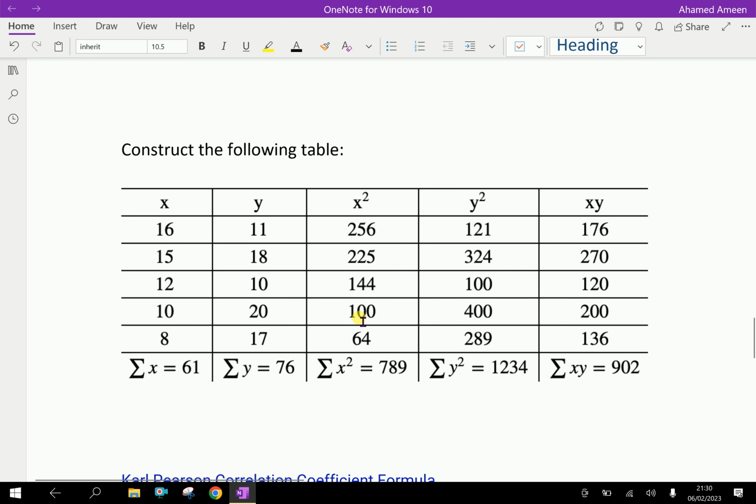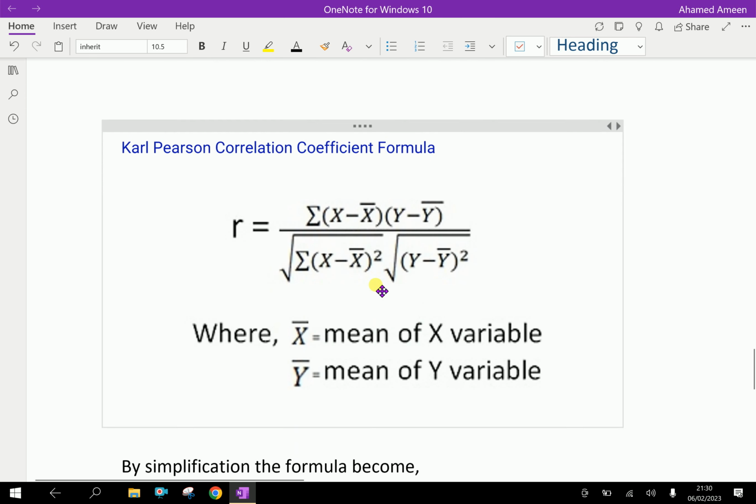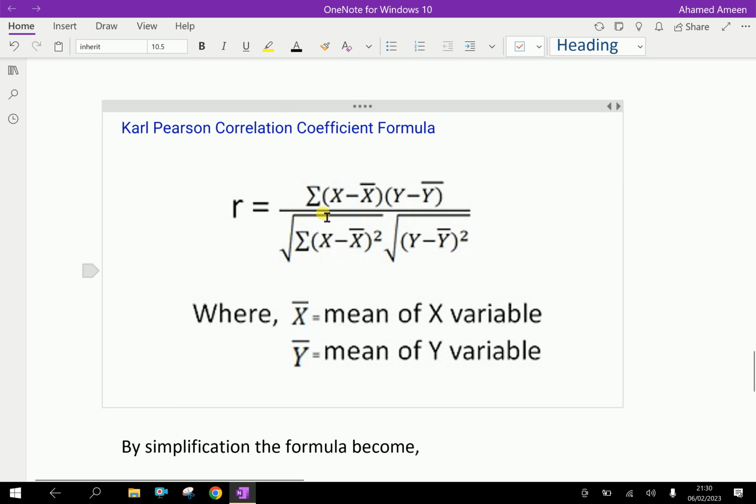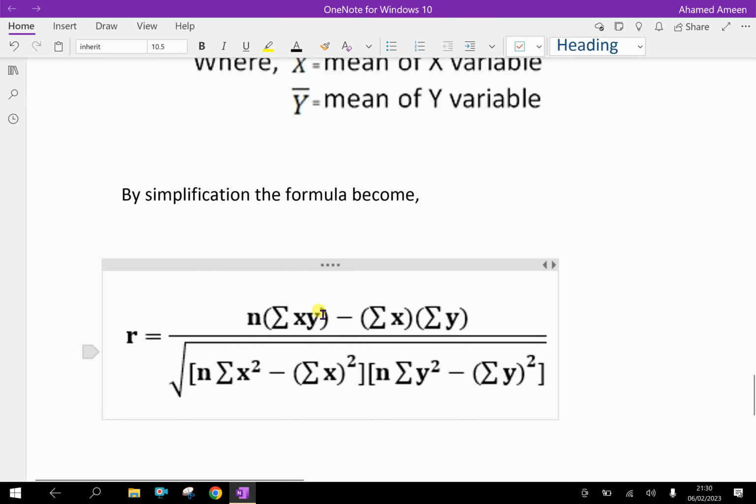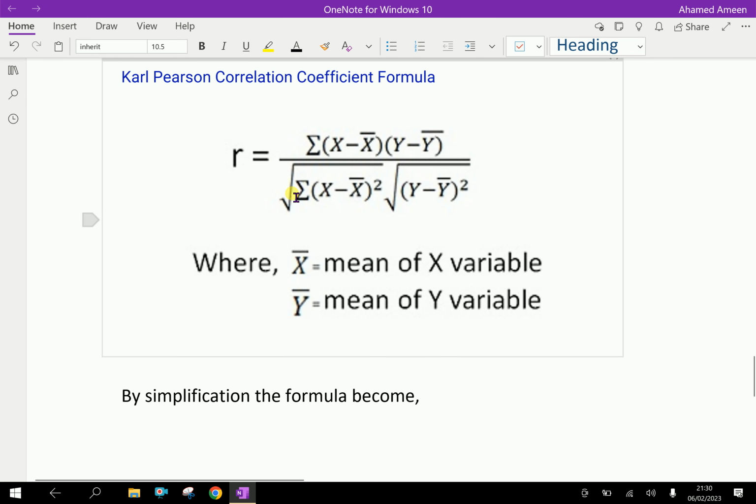These columns we need. Now the Karl Pearson coefficient is R equals, the original formula, sigma (x minus x bar) into (y minus y bar) over the square root of sigma (x minus x bar) whole square into sigma (y minus y bar) whole square, where x bar is the mean of the x variables and y bar is the mean of the y variables. First we have to simplify this formula.